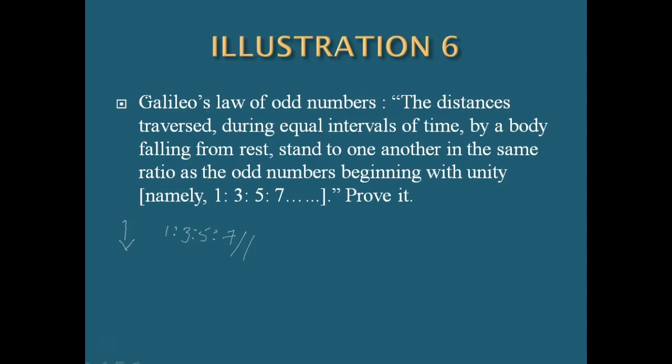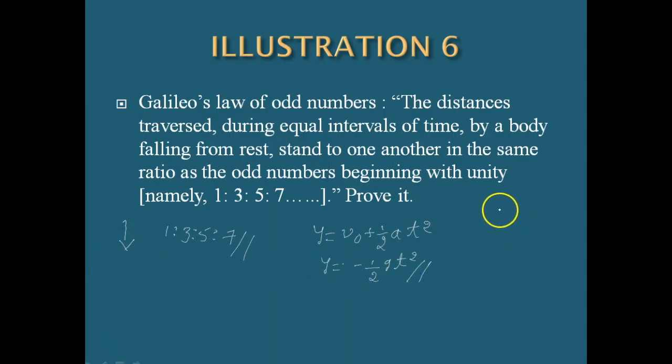Since the initial velocity is 0, we have y is equal to v naught t plus half at square, which will become, for a body falling from rest, v naught is 0 and a is represented with minus g, and this one is t square.